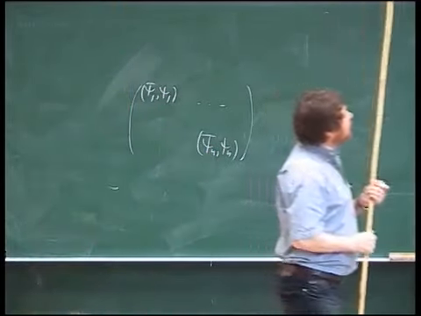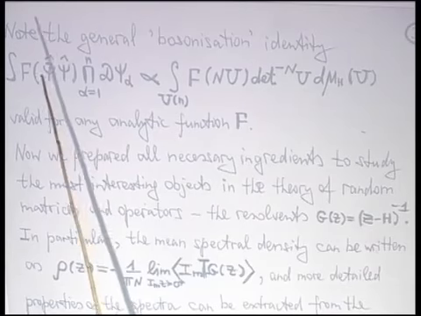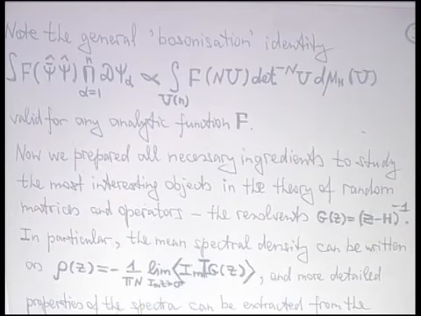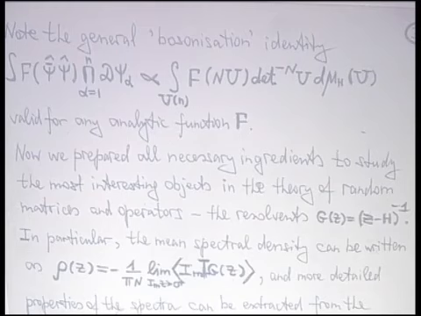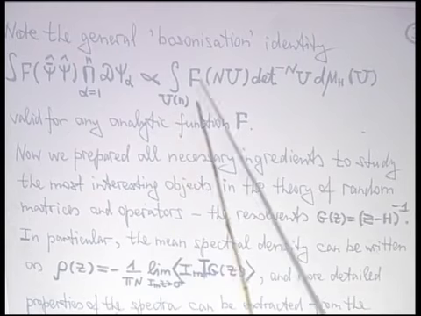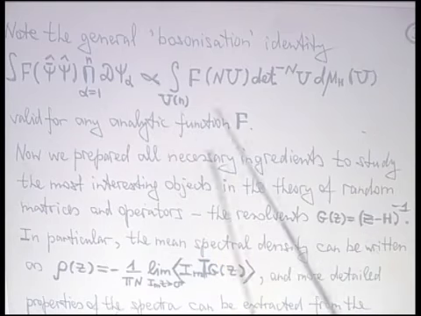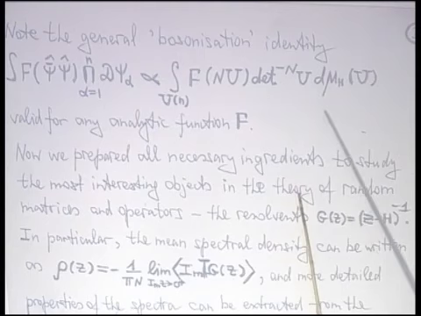We didn't have a name for that, but if f is a function only of the entries of this matrix, meaning an arbitrary function depending only on these products, then the following bosonization identity follows, for which that formula is just a particular case.